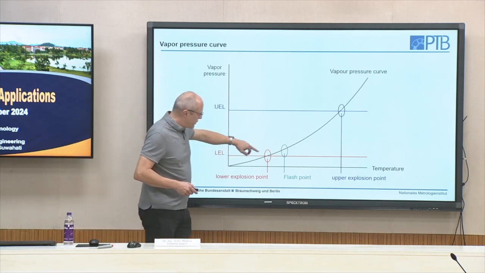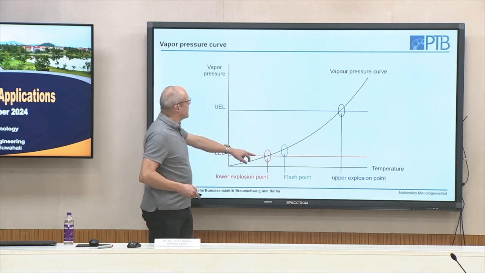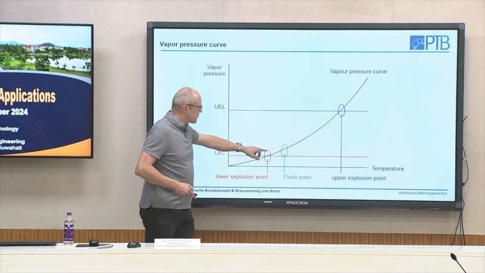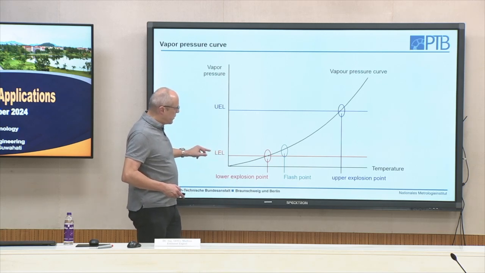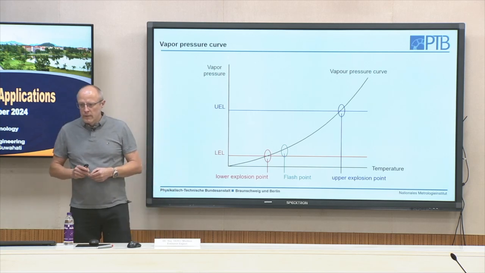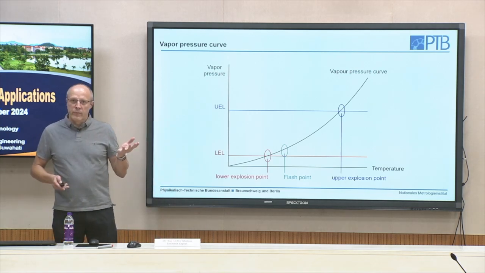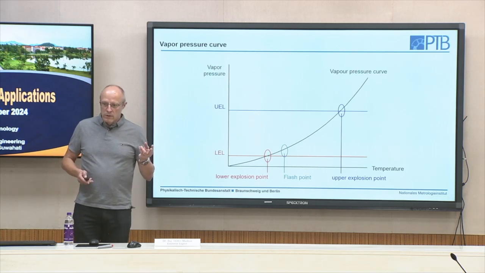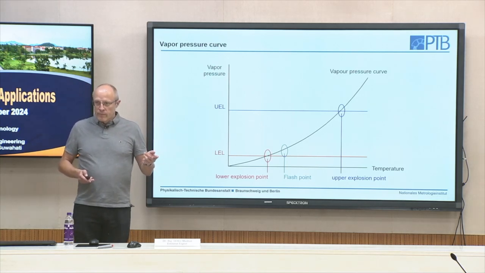The explosion point here is slightly smaller. This corresponds to the lower explosion limit. That means here the vapor pressure gives us already a combustible mixture.